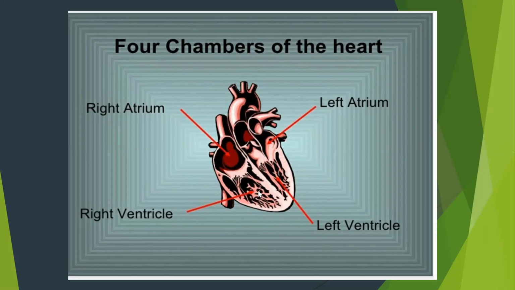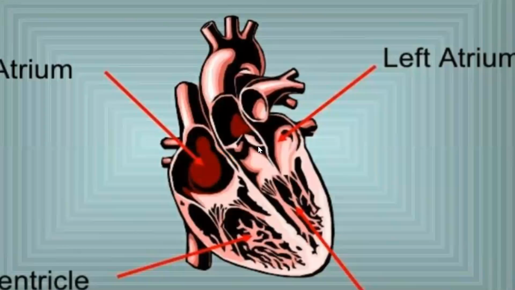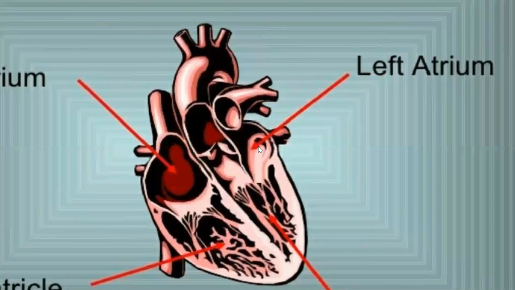The oxygenated blood is here. The left atrium is the place where oxygenated blood will collect. This part, the left atrium, is the part which contains oxygenated blood.